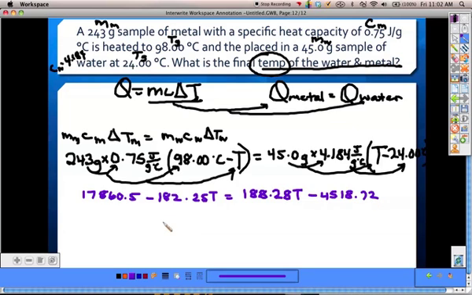Well, I want to get everything on the same side, so I want all my stuff that contains T on one side and all of my stuff that contains just numbers on the other. And I'd rather be working in positive numbers than negative numbers.